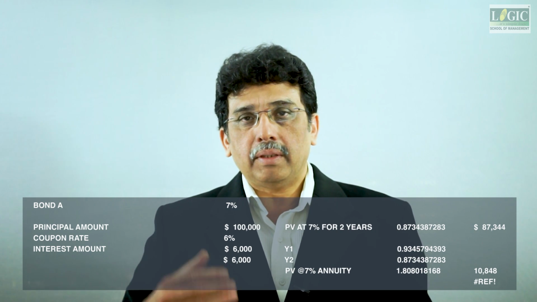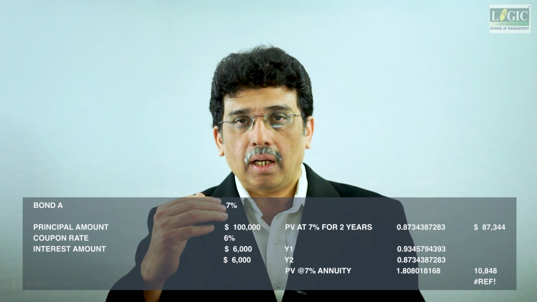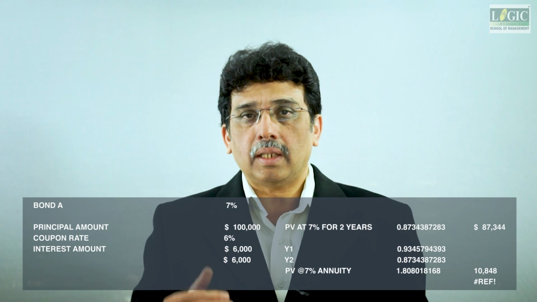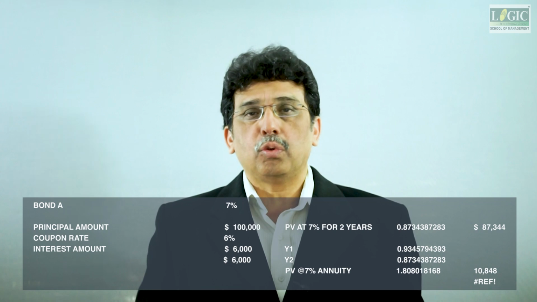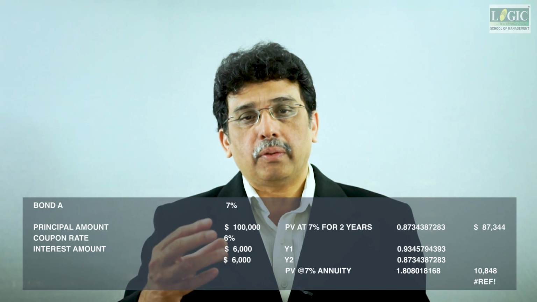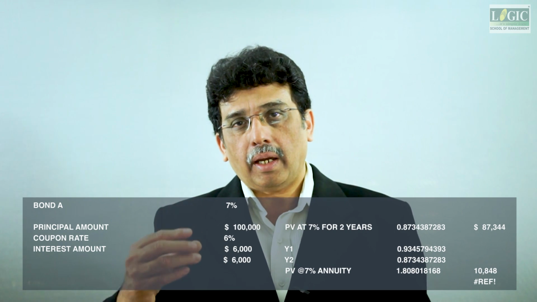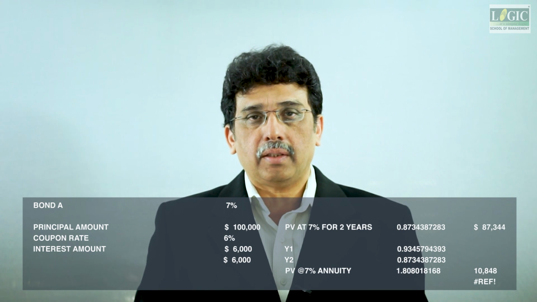Right. And now the next stream of cash flows are two $6,000 payments, which is nothing but the coupon, which we are going to get after 1 year and at the end of second year as well.